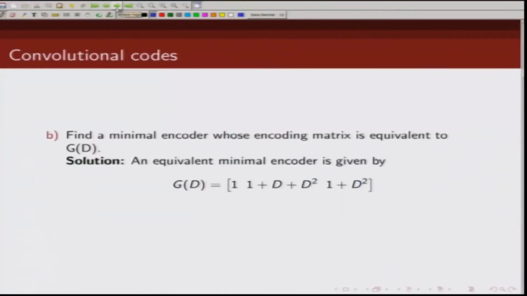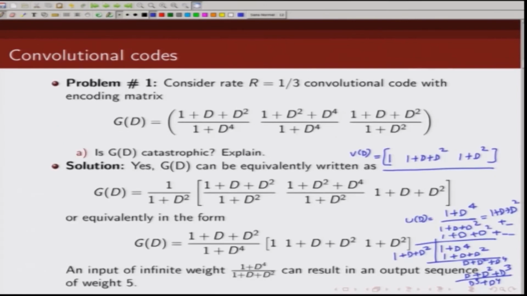Now, the second question is, what would be the minimal encoding matrix for the generator matrix given in the previous example. If I ask you to find the minimal encoding matrix for this encoder, what do we do? We take out all the common factors.